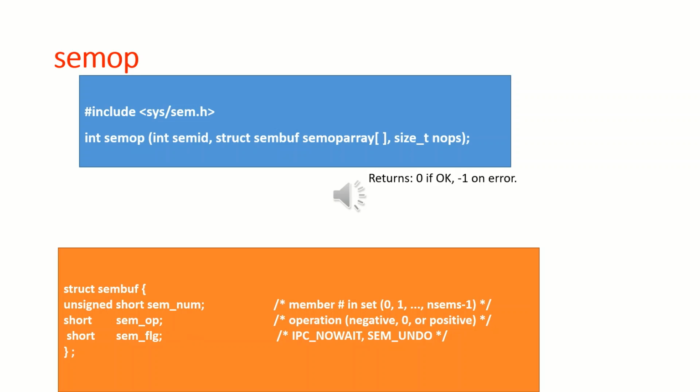The nops argument specifies the number of operations, that is, the elements in the array. The operation on each member of the set is specified by the corresponding sem_op value. The value can be negative, 0 or positive. The easiest case is when sem_op is positive.